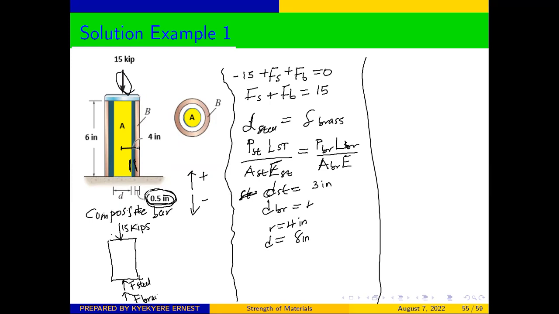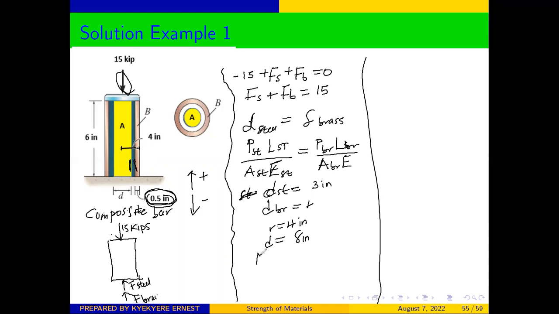Therefore, if you want to get the thickness of the brass material, it's going to be the thickness of the steel minus the thickness of the insulation medium between the two surfaces.